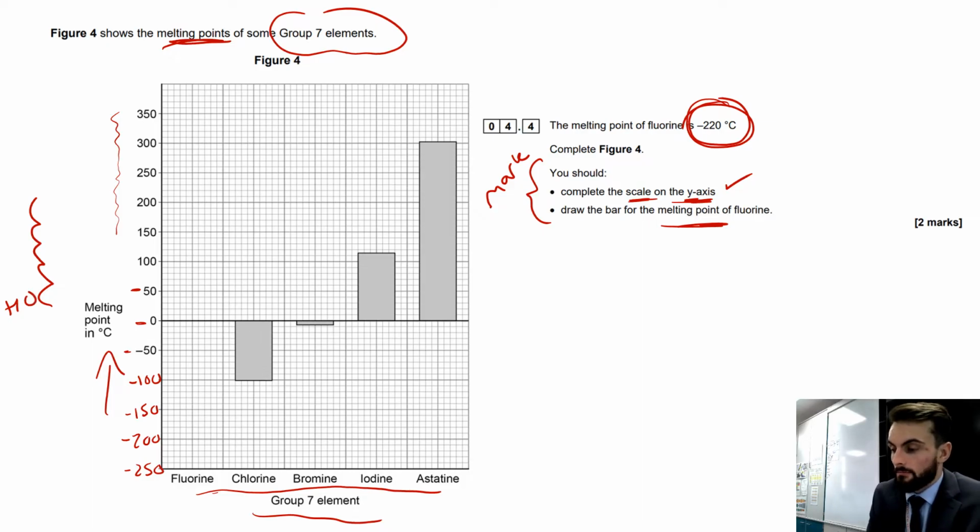So to get to minus 220, we'll start off at minus 200. How many little squares do we need to go down? Each one's worth 10, so it's going to be 2 extra squares. It's going to be like there. And then you just draw your bar with a perfectly straight line, like I've just done. There you go. Done. Easy as that.